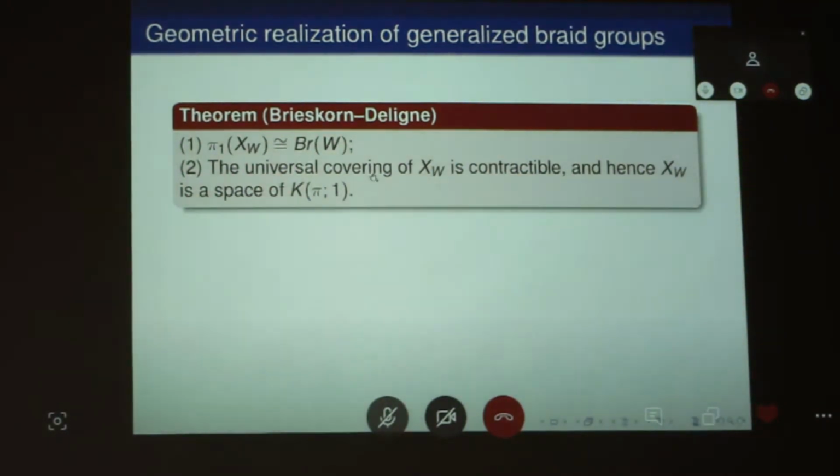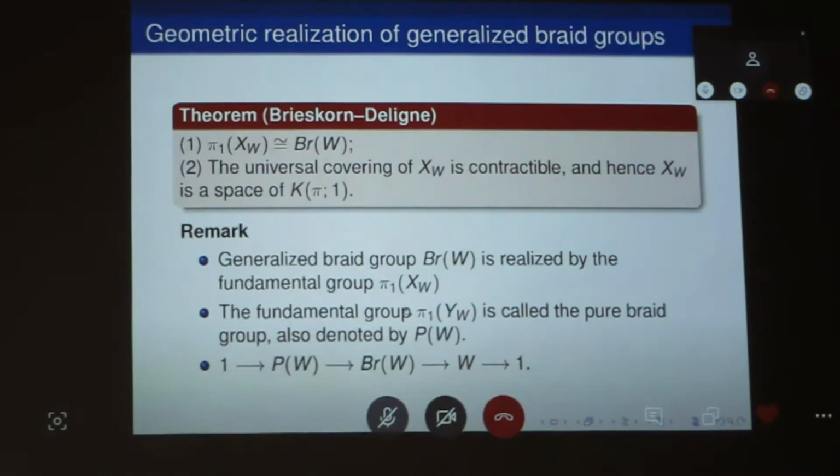The universal covering space of the quotient space is contractible, so this space is an Eilenberg-MacLane space. For this space, the fundamental group is called the pure braid group.